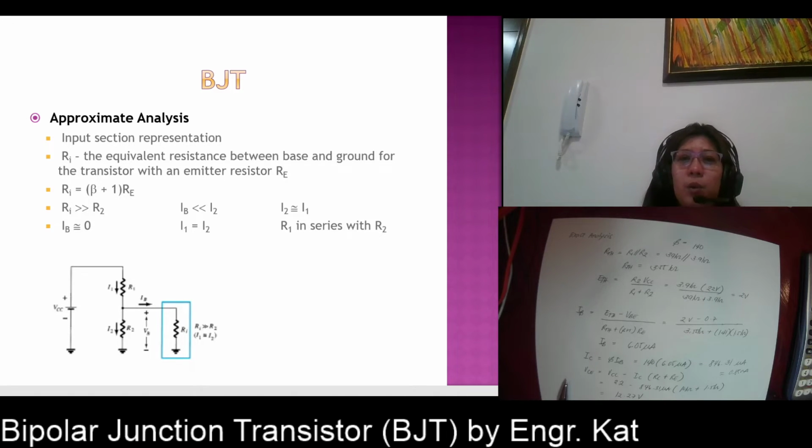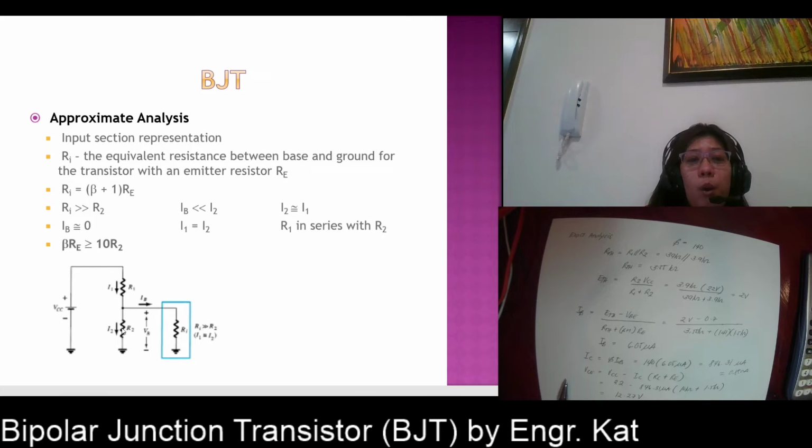But it will only happen if and only if we satisfy this condition, and that is your beta RE must be greater than or equal to 10 times your R2. Every time you do the approximate analysis, you have to consider this one. If this is not satisfied, you can always use the exact analysis.